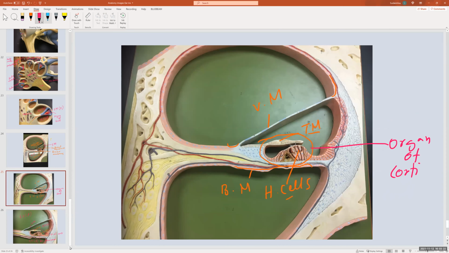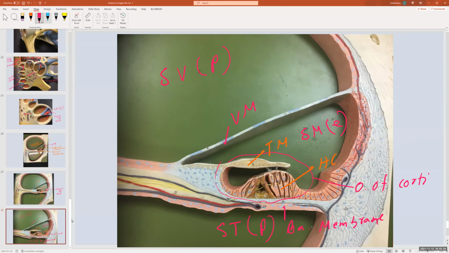When the organ of Corti vibrates, the tectorial membrane starts pushing forward and backward on the hair cells. These hair cells are excited, and they're excited to a point where an action potential is reached.